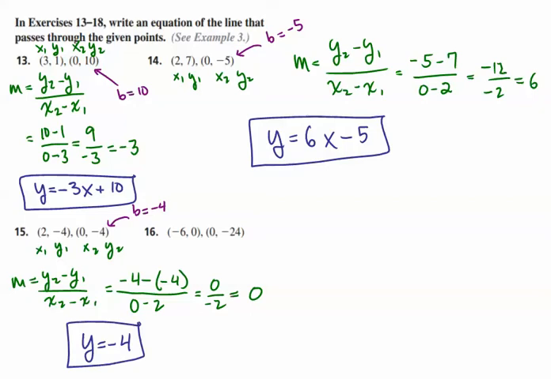I'll rewrite these points over here. Give myself a little more room. Negative 6 comma 0 and 0 comma negative 24.